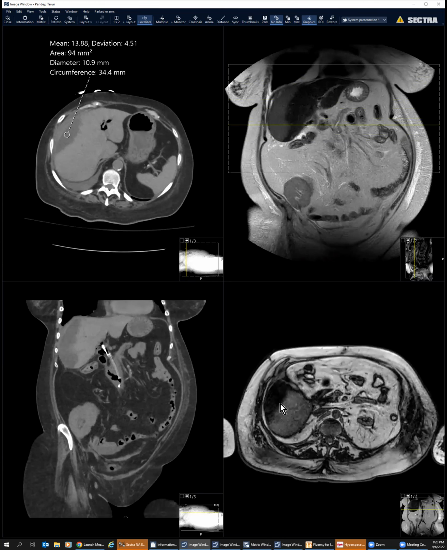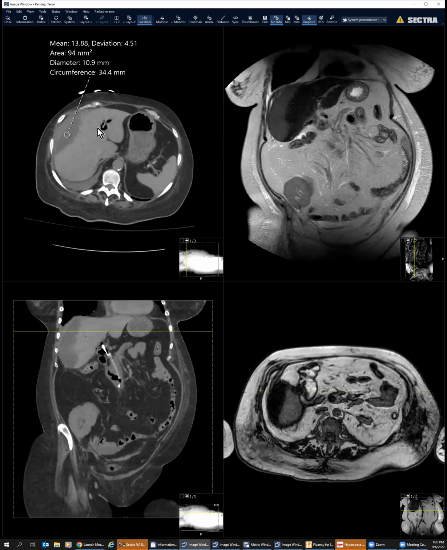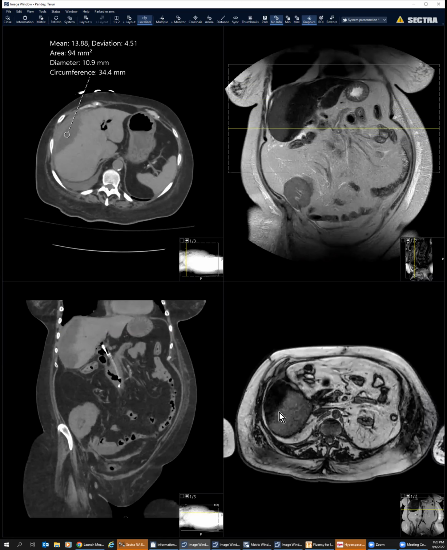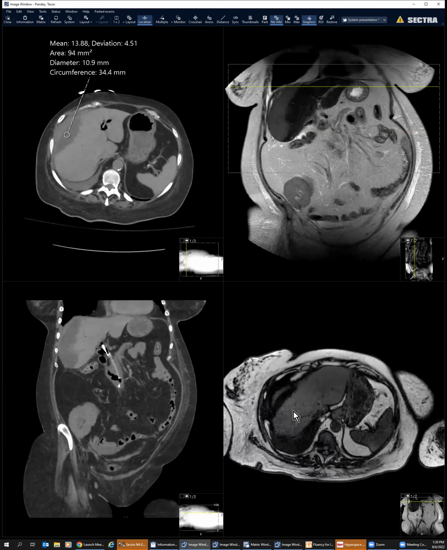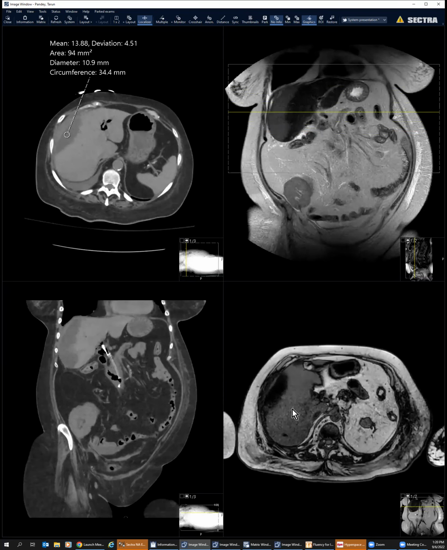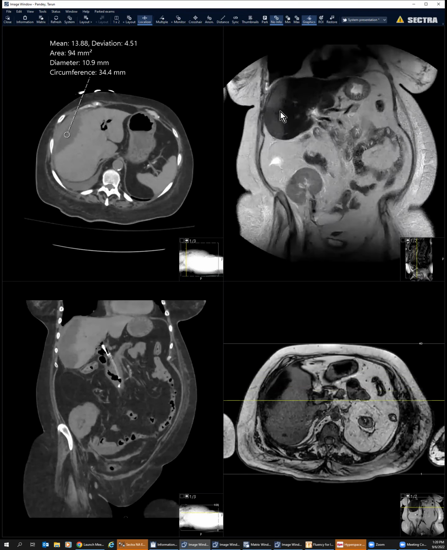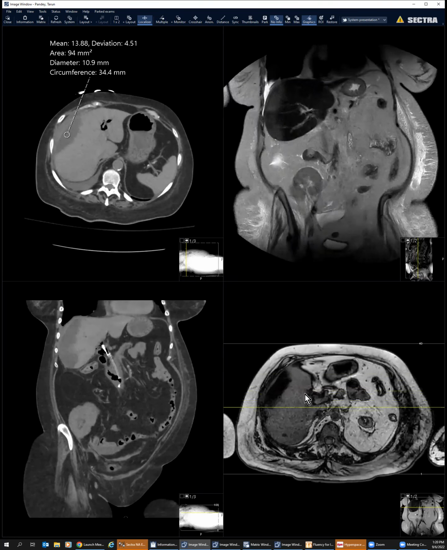It was so deceptive, and not having contrast was not working in our favor. But fortunately, IR was ready to place a drain here, and when they saw the ultrasound, they didn't really see anything. So fortunately we had the MR by then, and we could tell them that this is just fatty liver.